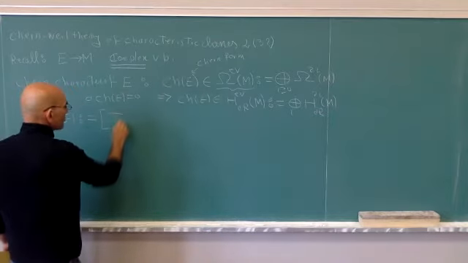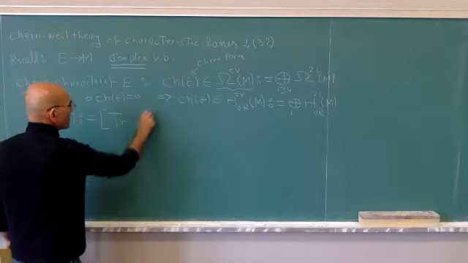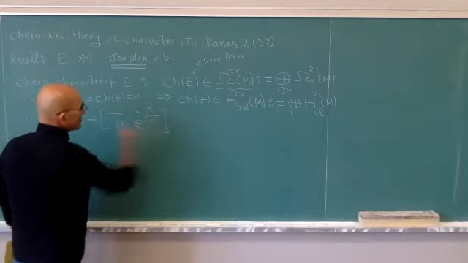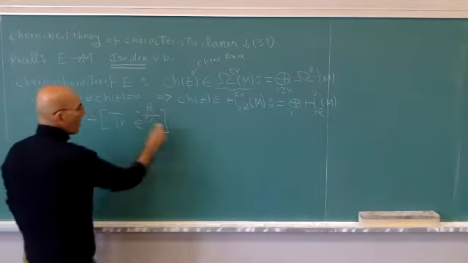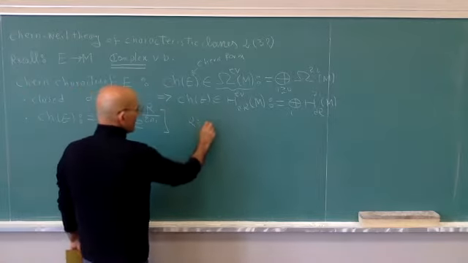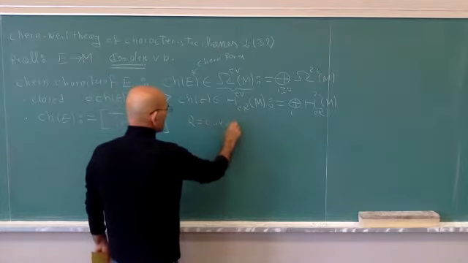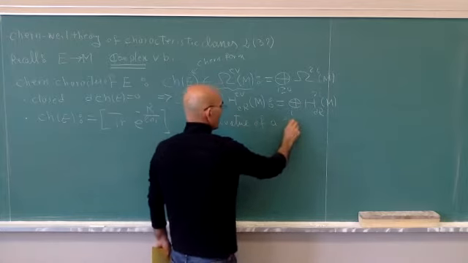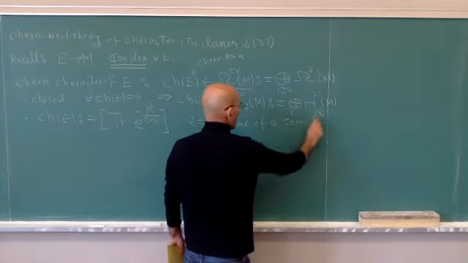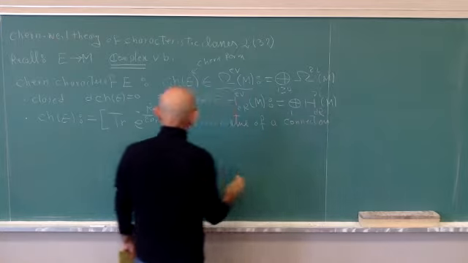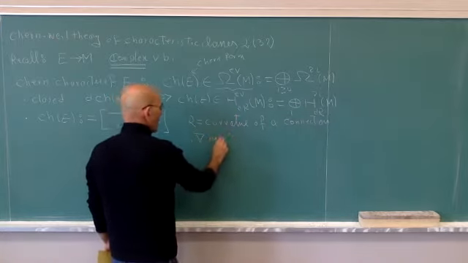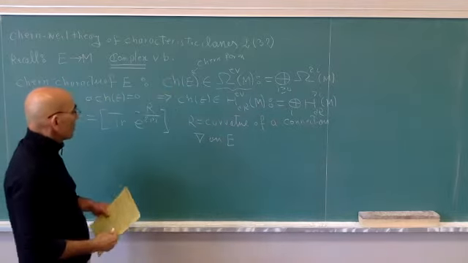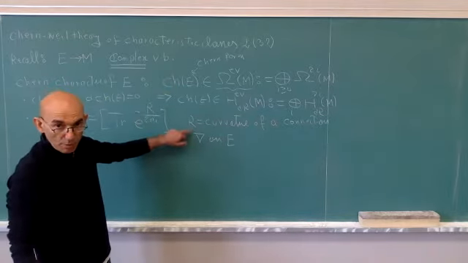Here R is the curvature of a connection nabla on E. Let me explain a little more about this R.